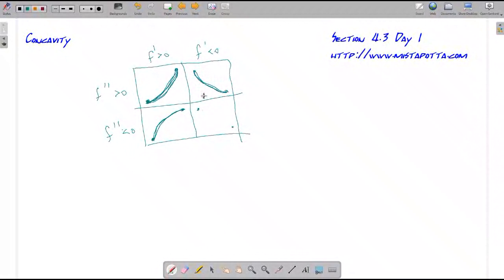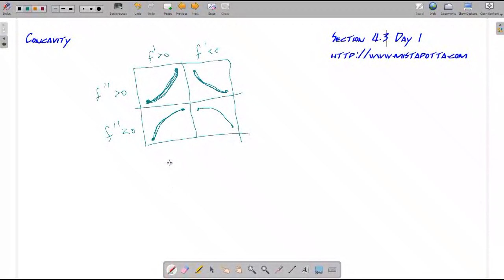And if my derivative was negative, but my second derivative is negative as well, that means my slopes are getting more negative. They're getting steeper. And so that means that my graph is actually curving this way.